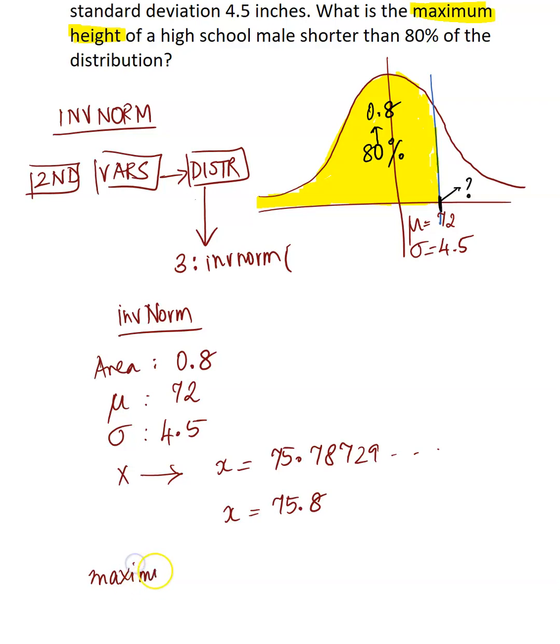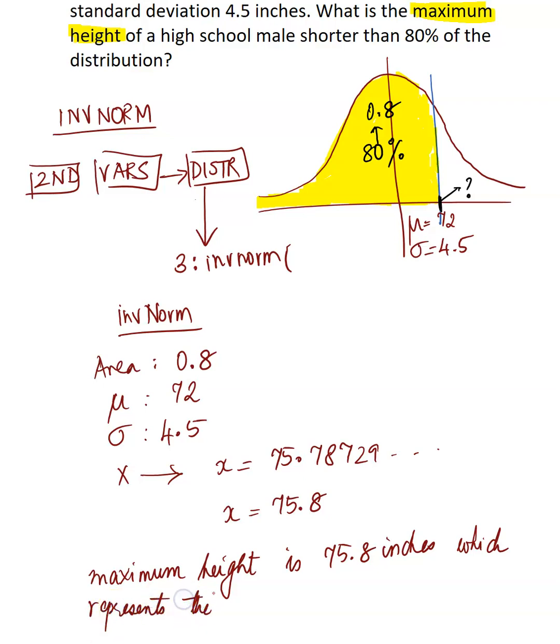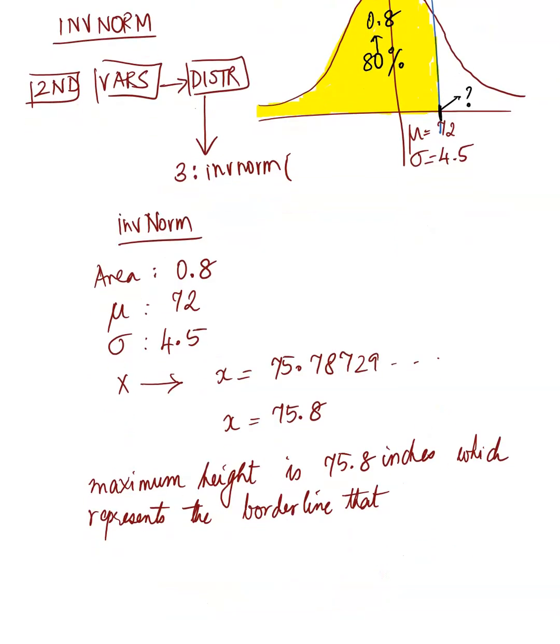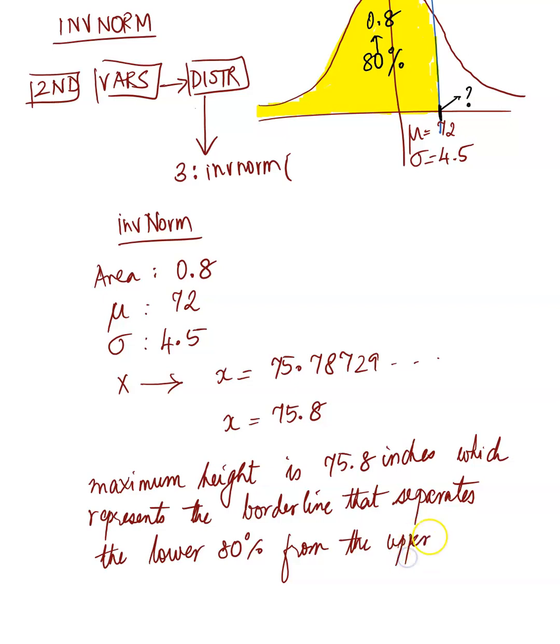So we'll say the maximum height is 75.8 inches, because we need to give the units, which represents the borderline that separates the lower 80% from the upper 20%. Okay.